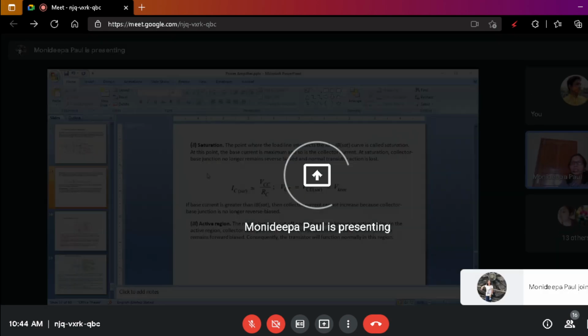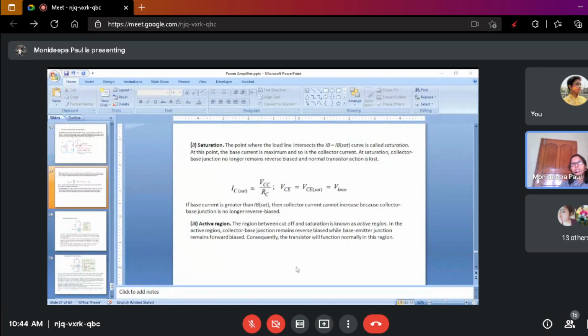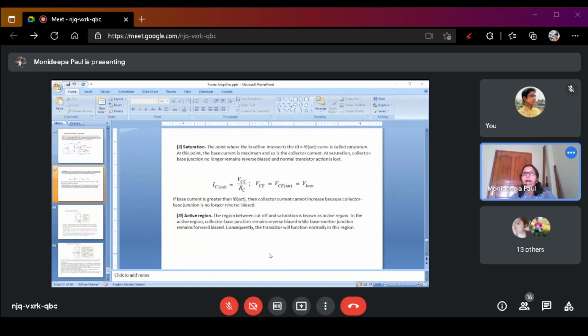In saturation region, input circuit is forward bias, IB is in saturation condition. When IB is in saturation condition, IC is also in saturation condition. And when collector current is in saturation condition, output circuit is not in reverse bias condition. Okay. So, IC saturation is VCC by RC.